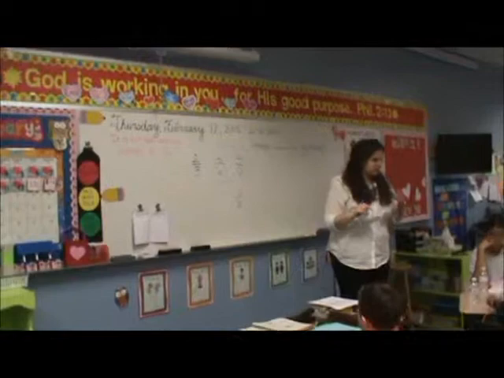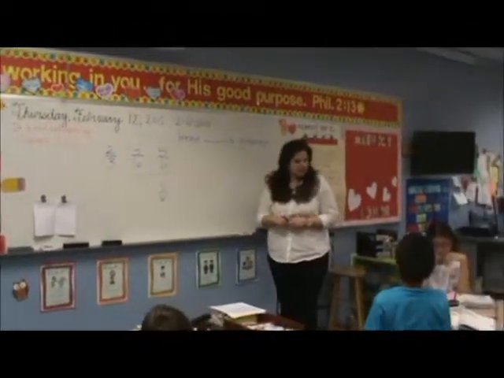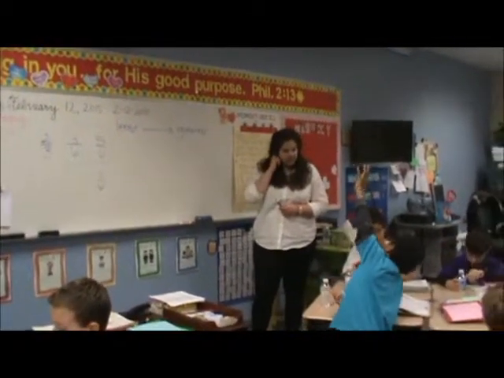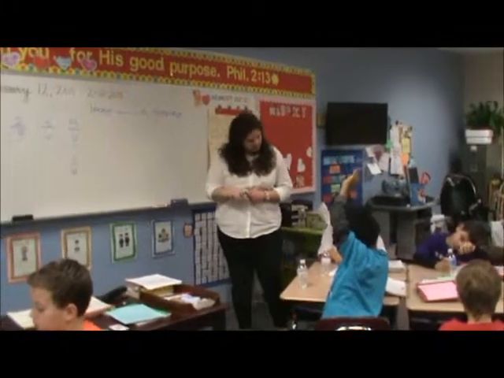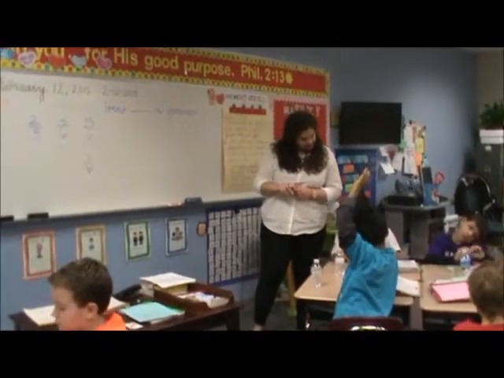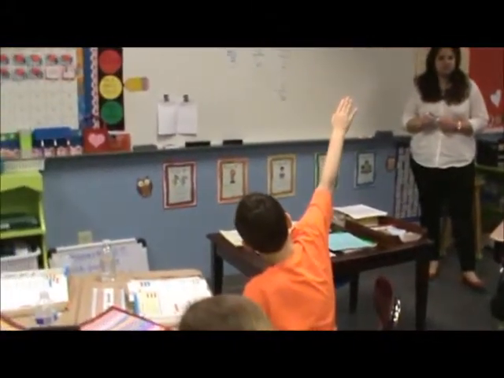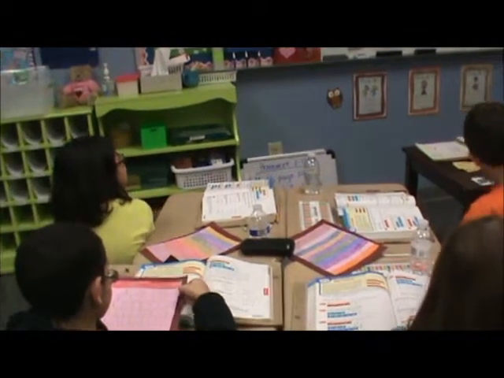Everybody look at your fraction table. Look at the 2/3 on it. Now, go to 5/6. So 2/3 and 5/6. Which one is greater? Andrew? 5/6 is greater than 2/3.